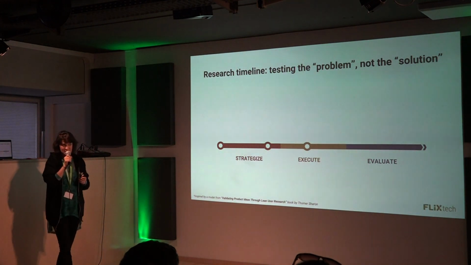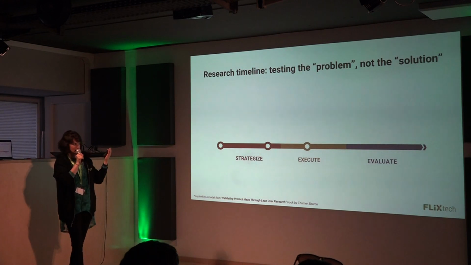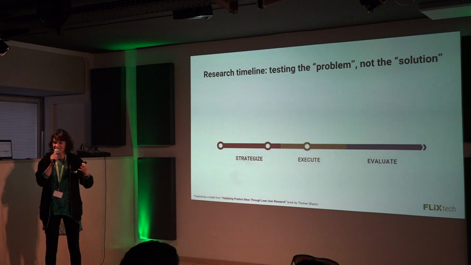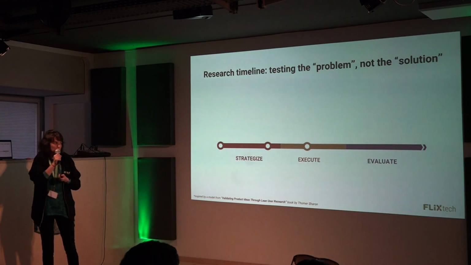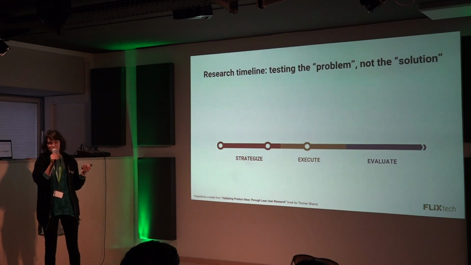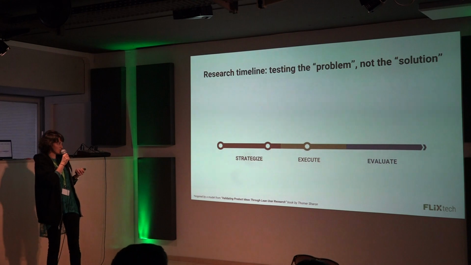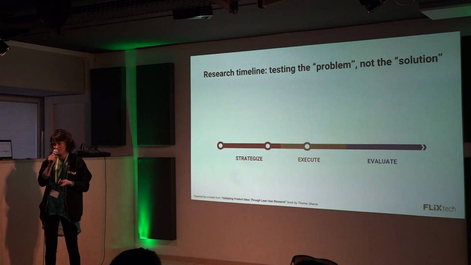This is my last slide, but I really think it's a nice thing to share with you, because this is how we've been organizing the research requests that we receive. When we think about a product development timeline, there's always the strategy, the execution, and the evaluate part.